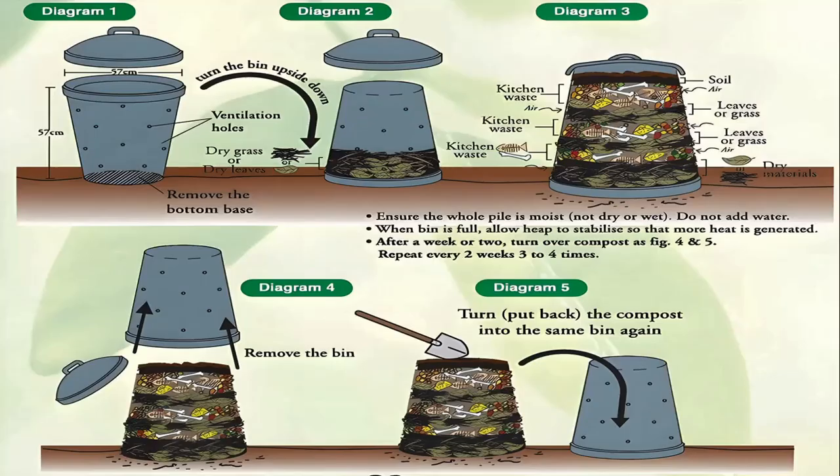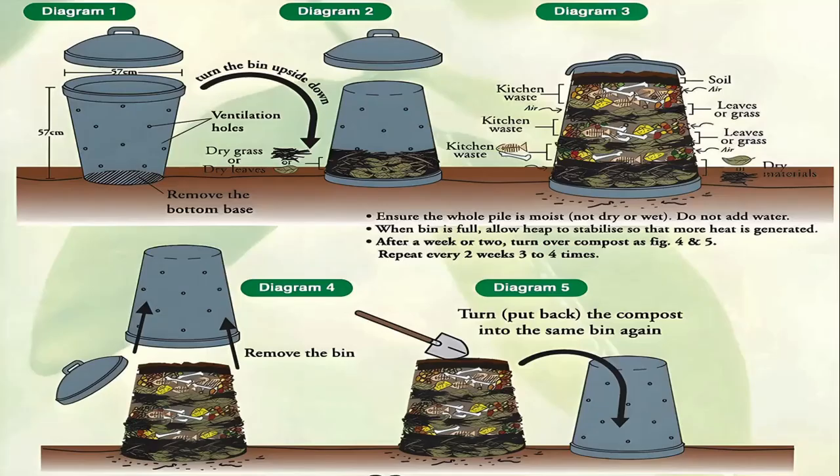So it's like vessel composting. Here holes are put in the vessels, and the waste is put in the vessel, and finally all the waste is dumped. After that, ensure the whole pile is moist, not dry or wet. Do not add water.